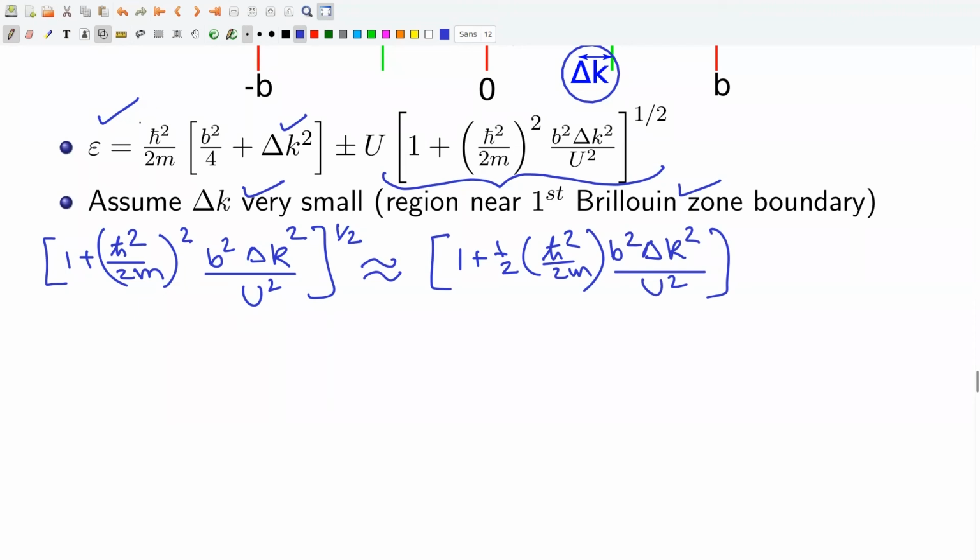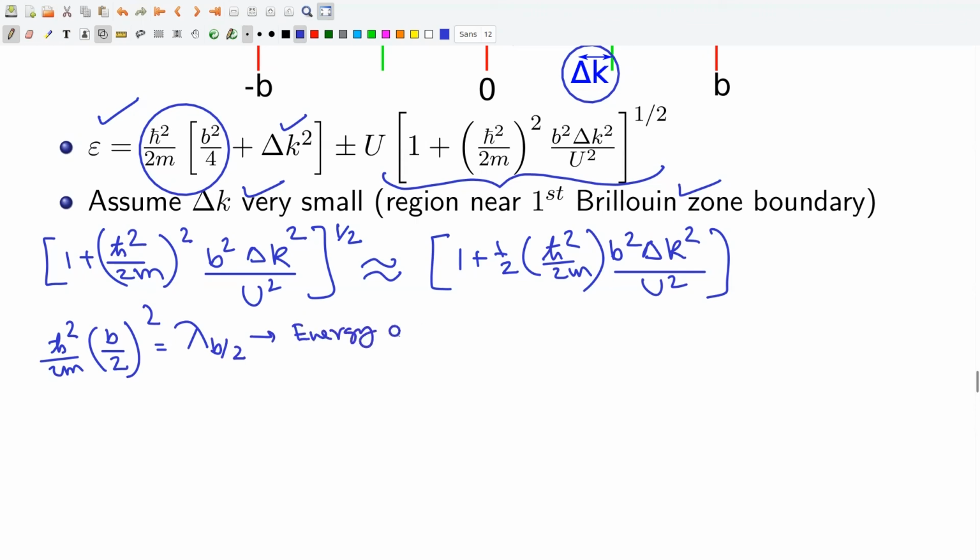Now note that the first term, h cross square by 2m times b by 2 whole square, is equal to lambda b by 2, that is the energy of a free electron with wave vector b by 2.